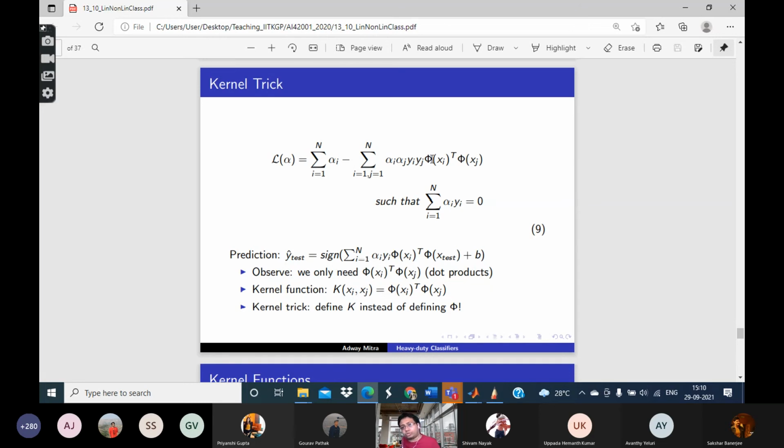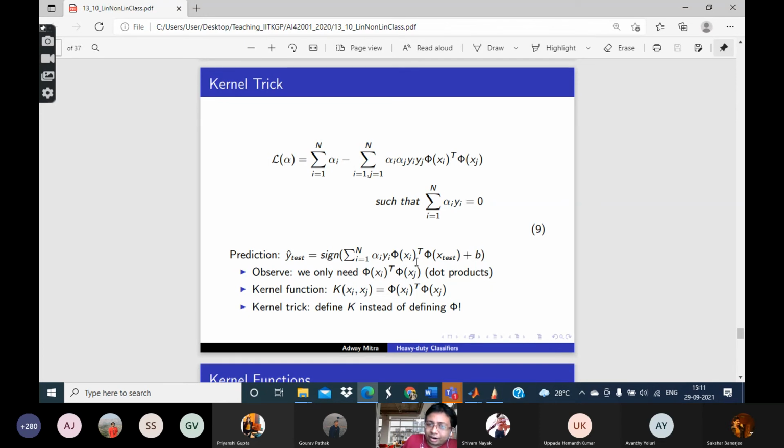That's why I need phi. But I cannot get phi, because the data set is large and high dimensional. It is not possible for me to understand what phi can be. I do not know how to come up with a suitable function phi. If it is two dimensional, then yes. If it is high dimensional, then probably not.